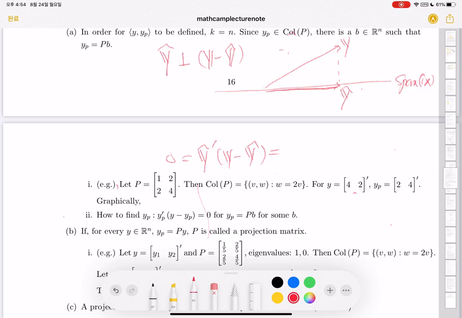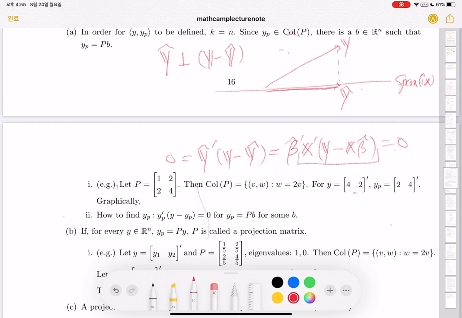So y hat prime is beta hat prime x prime, and y is y minus x beta hat, and this has to be 0.